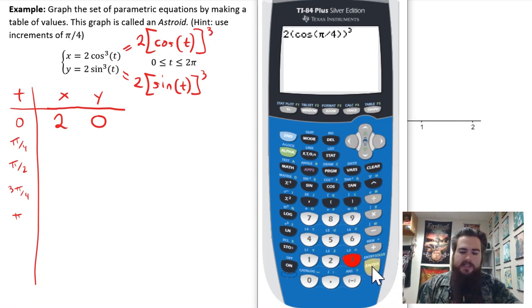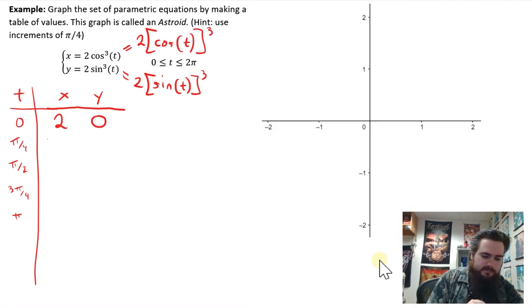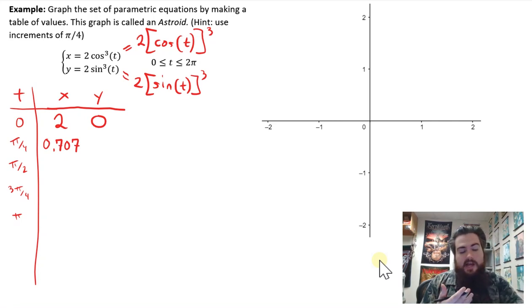Careful of your parentheses here. This gives us the square root of 2 over 2, which is 0.707. And since both sine and cosine give you the same value at pi over 4, we're going to get the same thing for sine as well.